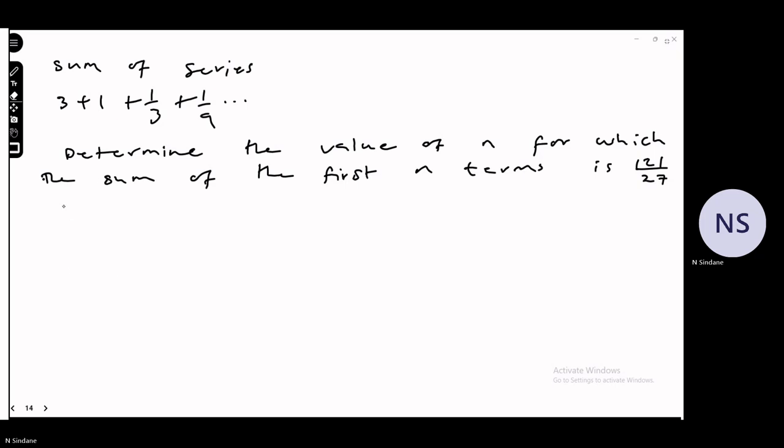So if we analyze this statement, we can take out our data, which is Sn is 1 to 1 over 27. We can calculate the value of r since we have the series. The value of a is 3, and we're looking for the value of n.